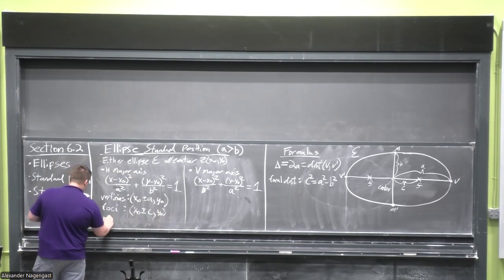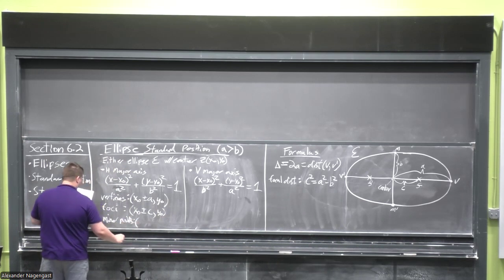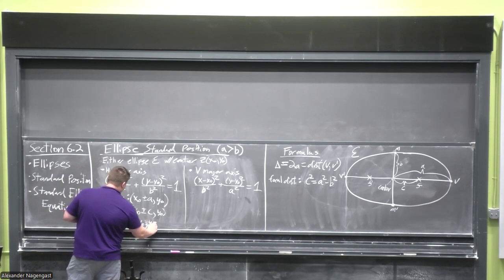And our minor points we'll have at x naught, then y naught plus or minus our b.